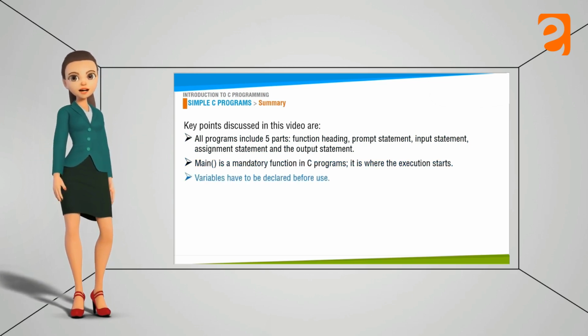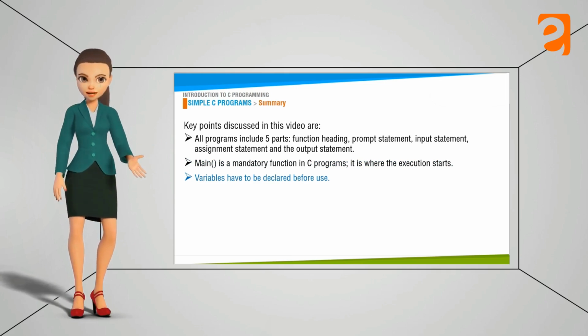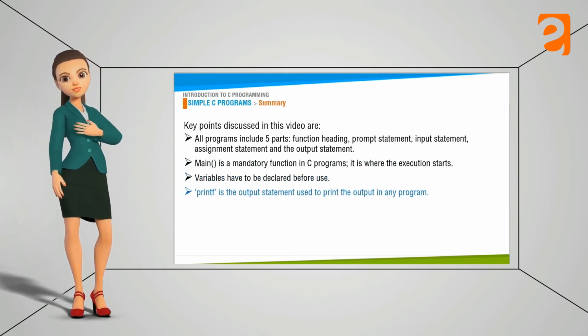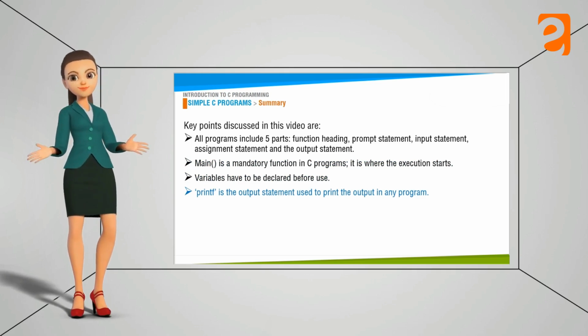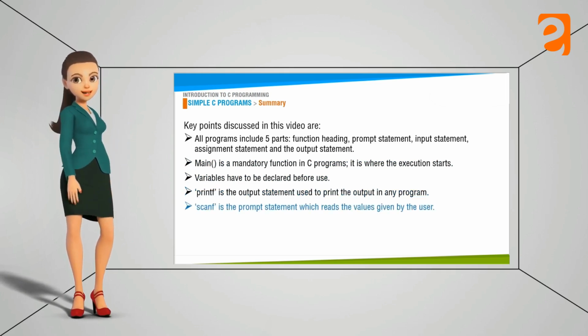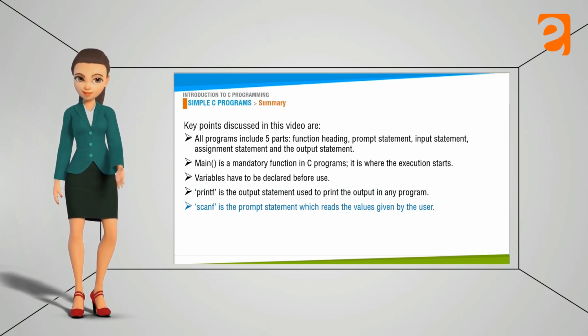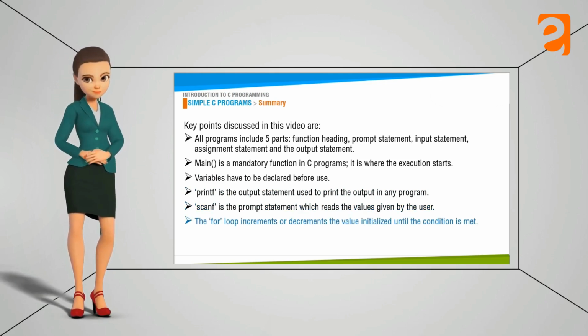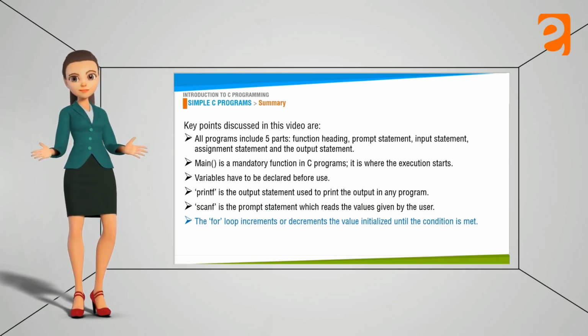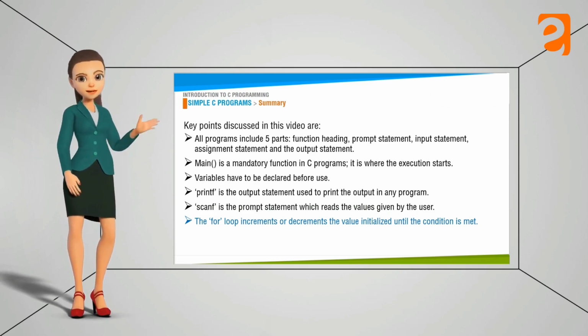Variables have to be declared before use. Printf is the output statement used to print the output in any program. Scanf is the prompt statement which reads the values given by the user. The for loop increments or decrements the value initialized until the condition is met.